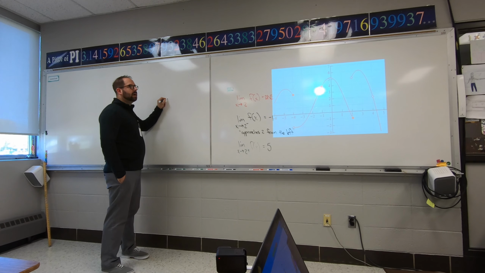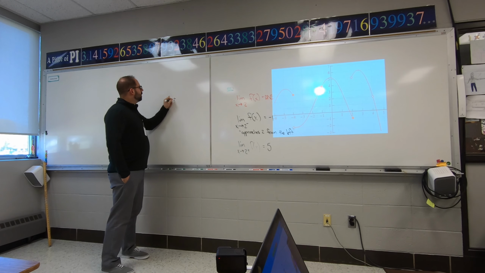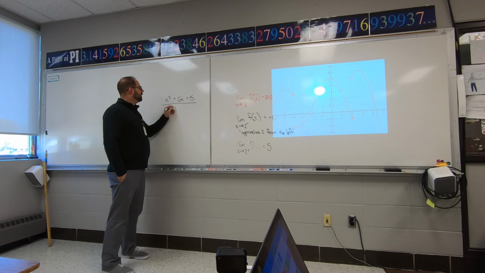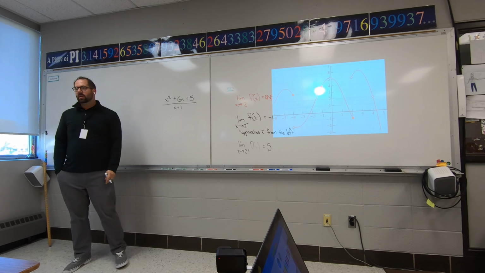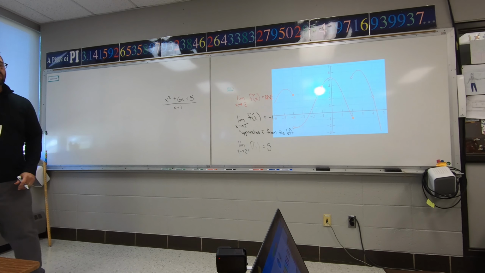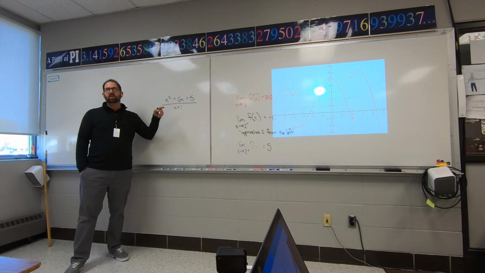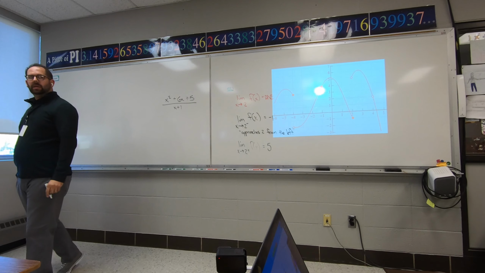Imagine that I had a problem like this. And I was going to divide by x plus 1. Let's say you type this in Wolfram Alpha or Desmos. This graph would look continuous. It would look like a line.